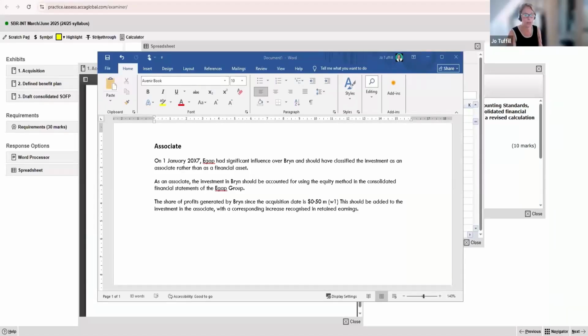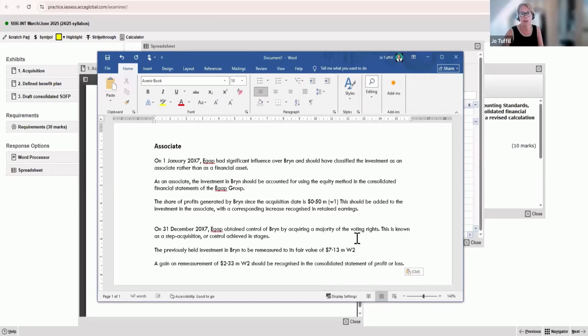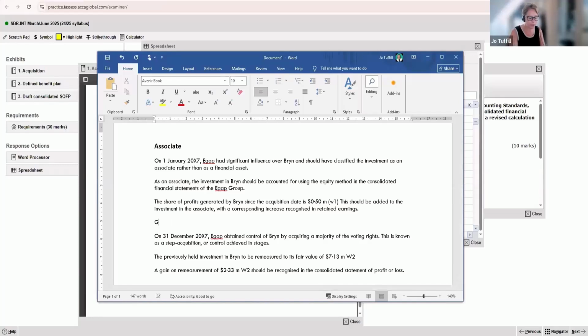I'm going to obviously copy and paste it in. This is what I did. So you've got to pretend I'm writing this and how long it takes to write. So I would then probably head up gain, so they know I'm talking about the gain and clearly identifying it.